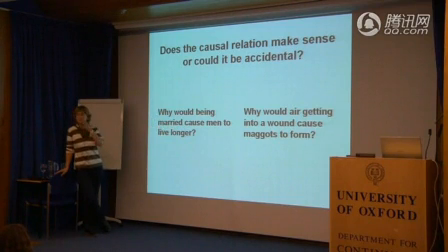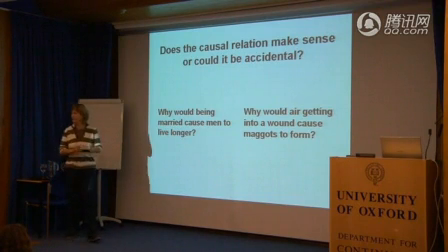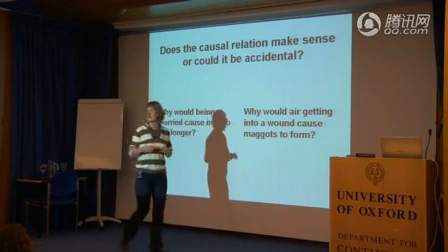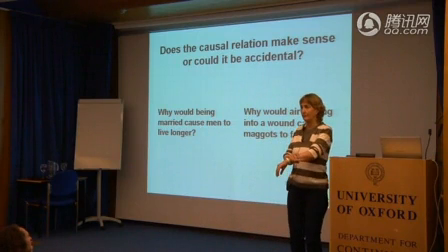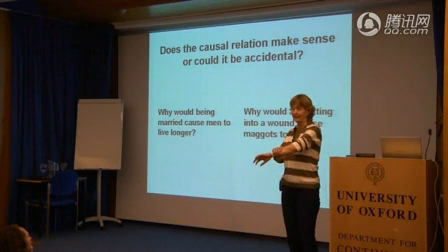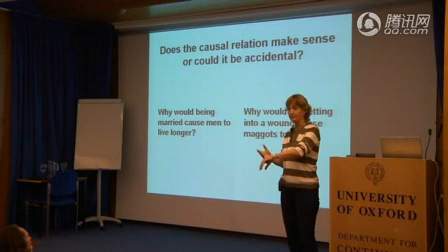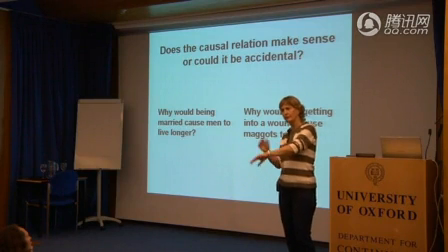What about this one? Why would air getting into a wound cause maggots to form? I mean, in the experiment we've done here, some nurse has seen that when a wound was covered up by accident or something like that, maggots didn't form. And she thinks, well, could it be? So she covers up a few and she leaves a few open.